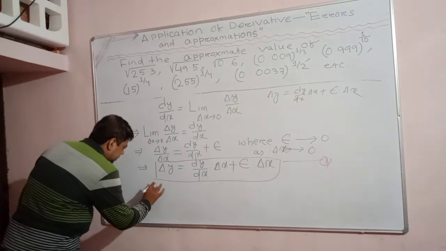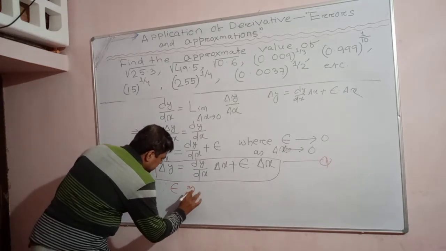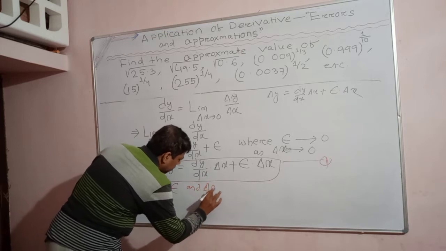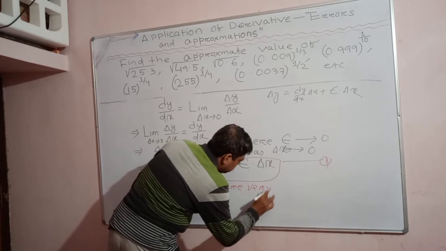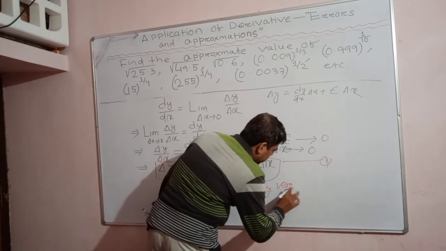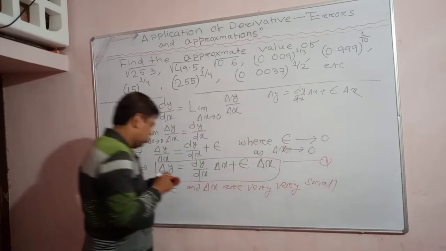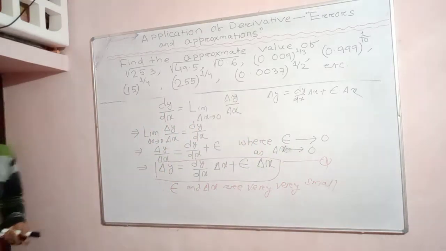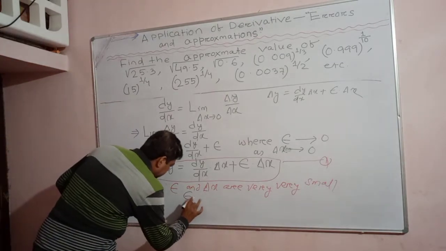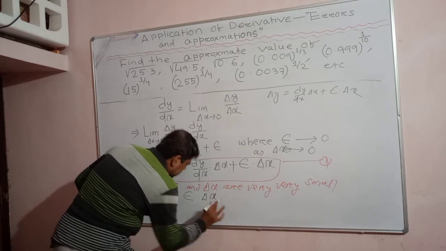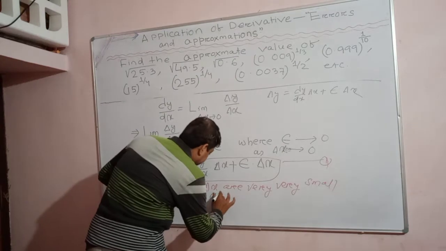Since epsilon and del x are very small, what will happen? Epsilon into del x is negligible. The value may be rejected or neglected.